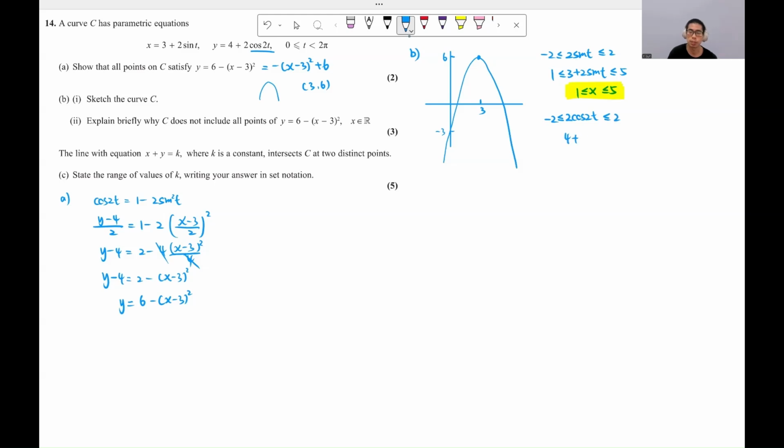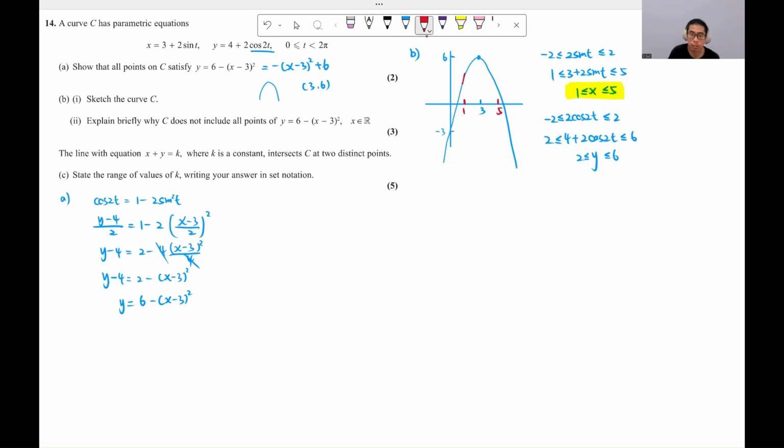So 4 plus 2 cos 2t: adding 4, negative 2 plus 4 is 2, and 2 plus 4 is 6. So y has to be greater than or equal to 2 and less than or equal to 6. So the only values for x are between 1 and 5, no other parts, just 1 and 5.